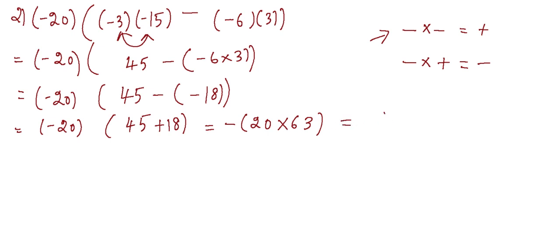So the answer will be 1260, and you need to retain that minus symbol. Okay, so this is how you need to approach this problem and then solve it, dears. Okay, so please be careful with the symbols, whether it is minus or plus.